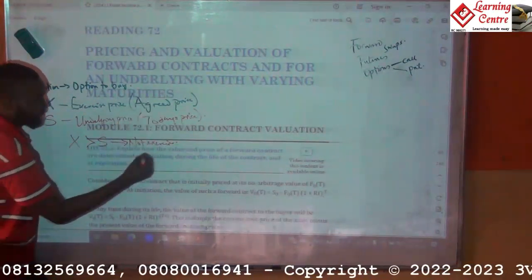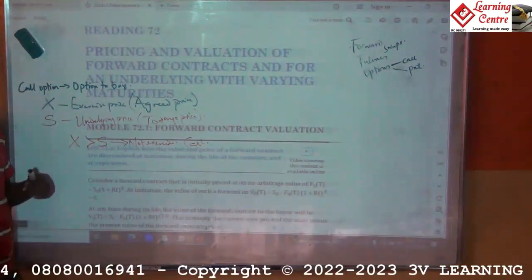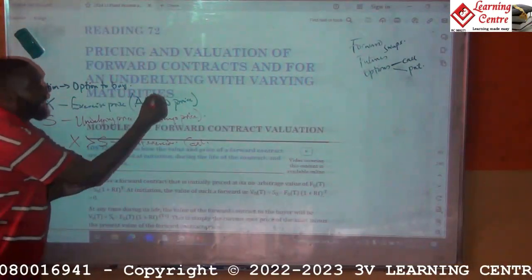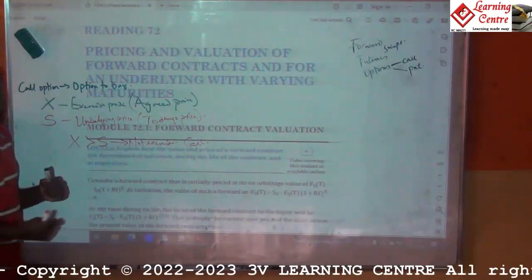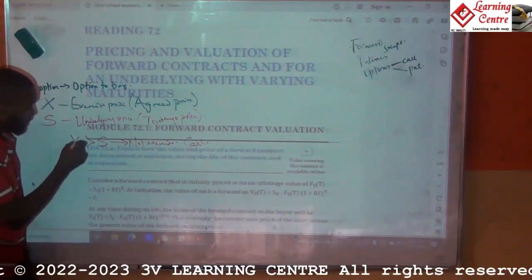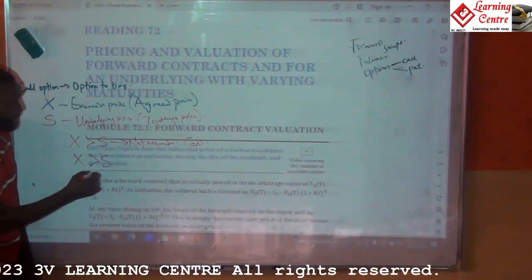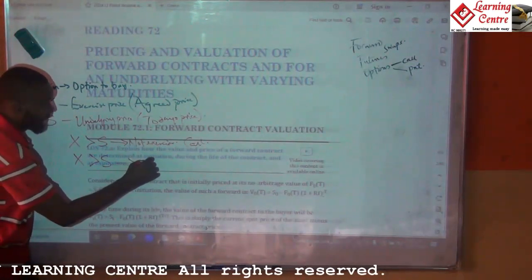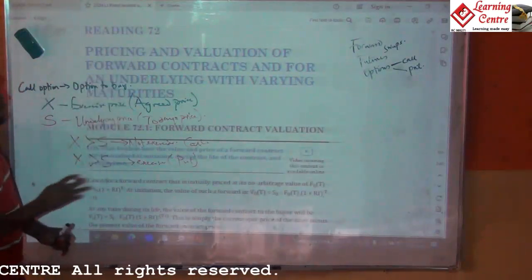That is for the call. For a put, I'm selling. So if I'm going to sell something to you at a lower price and I see that in the market the price is higher, what do I do? If this agreed price is greater than the actual price of the market, I will exercise. Easy. So just always look at it like this.